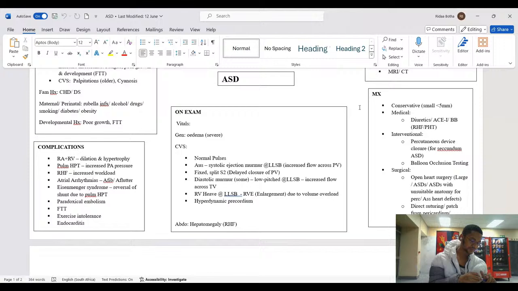So on examination, essentially, the general exam, you can get edema in very severe cases. Okay, so patients could present with edema in severe cases. You get normal pulses, right? So you get normal pulses in ASD.